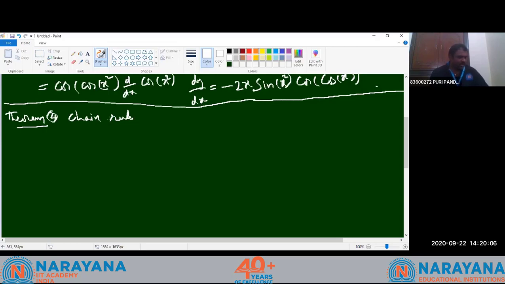Suppose f is equal to v circle u. Then df by dx is equal to dv by dt, that means the differentiation of v with respect to t, into dt by dx.